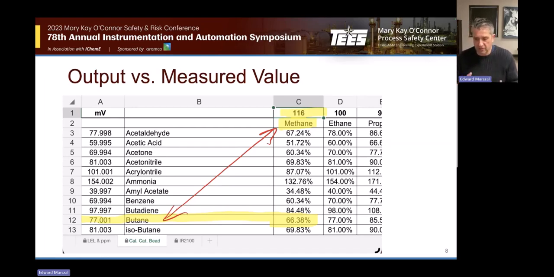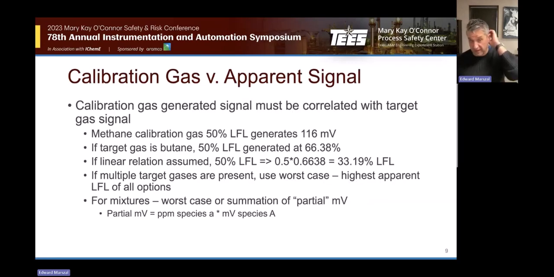Two different catalytic bead detectors from the same manufacturer could be giving you different numbers. But basically what we're looking at is 116 millivolts of methane is 50% of LFL. 77 millivolts is generated by a 50% LFL of butane in this particular case.